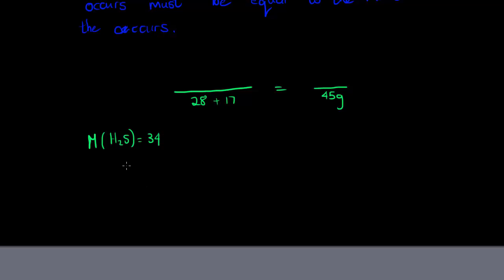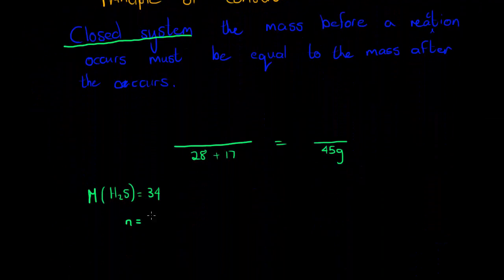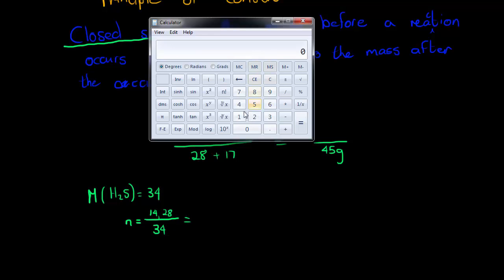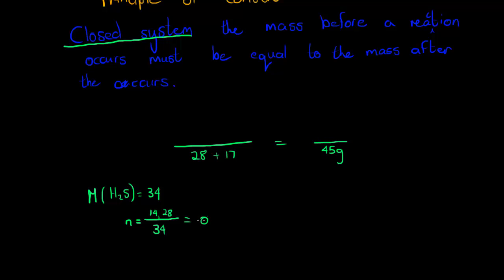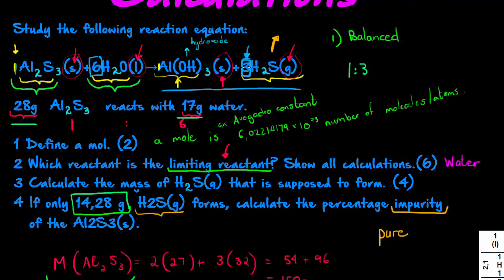So how many moles of that is in 14.28 grams? 14.28 grams divided by capital M, so 14.28 divided by 34 gives me 0.42.